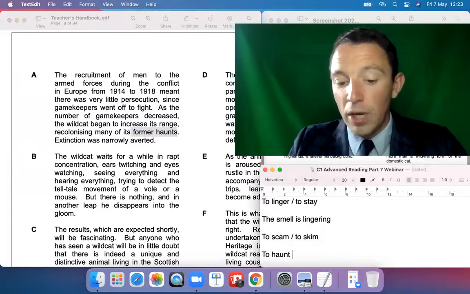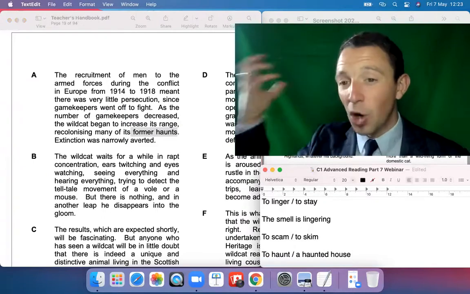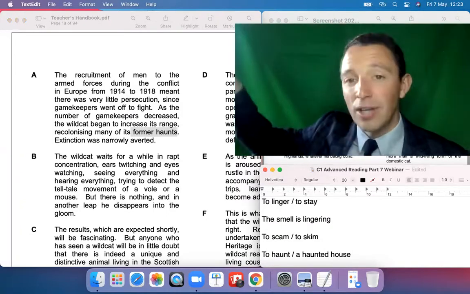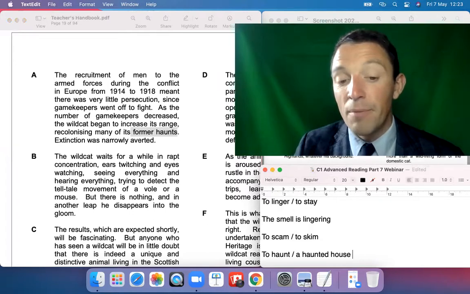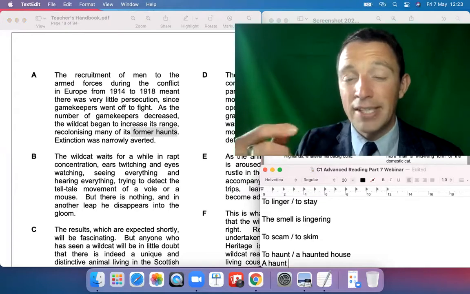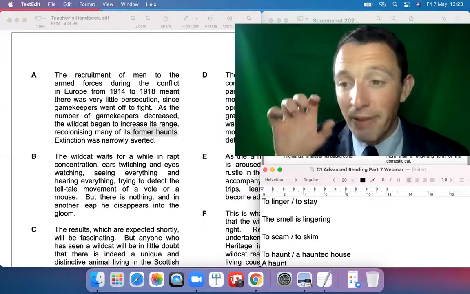To haunt, we also say a haunted house is the most famous expression, when the ghost, fantasma in Español, the ghost in English, is haunting the house. They are terrorizing the house. But in English, we say a haunt is the place that you regularly visit. And it's typical in Ireland for your favorite bar, your favorite pub, your favorite restaurant.